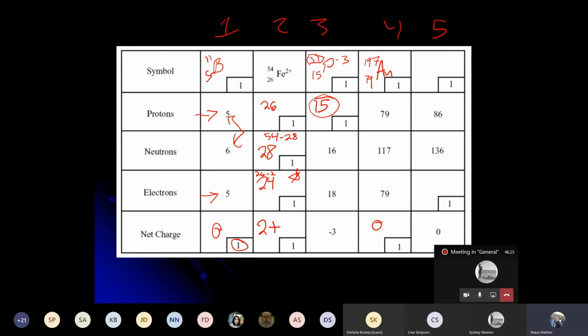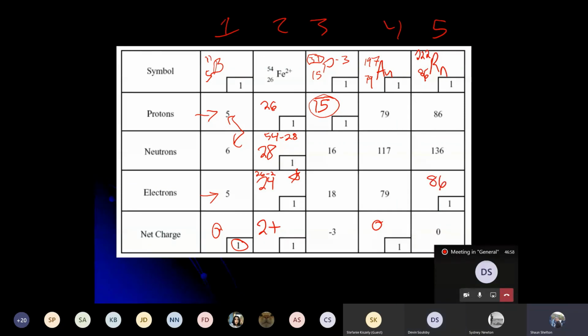So first question, what element are we looking at here? Radon. Okay, what's the symbol for radon? Rn. Okay. What's the mass number? 222. Okay. And what is the atomic number? 86. All right. So there's no charge, so how many electrons should it have? Also 86. All right, we're done.